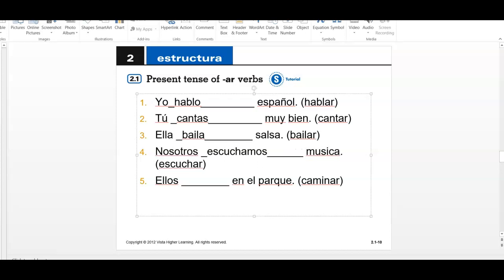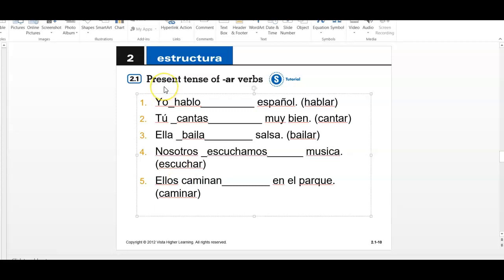Okay, so nosotros escuchamos música. So we listen to music. And finally, caminar means to walk. So we drop the ending, and then we add the new ending for ellos, which is AN. Okay, so ellos caminan en el parque. So they walk in the park.